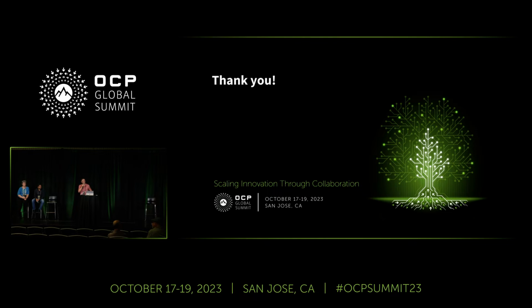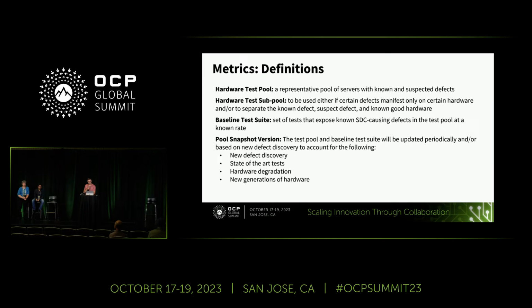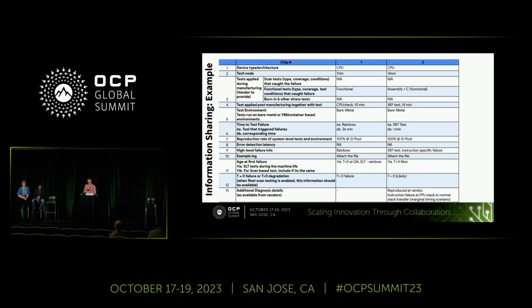Hi, I'm Meeta Sagi from Pure Storage. I may have missed this on your slide, but on the slide where you had the information that you collect on each failure, is there an environmental component to that? For example, do you also collect information like whether the failure happened at a very low temperature or specific humidity?